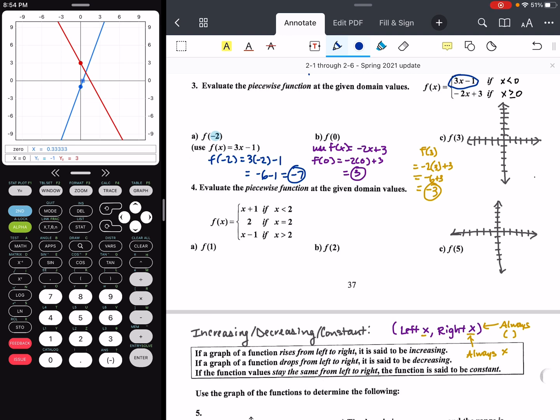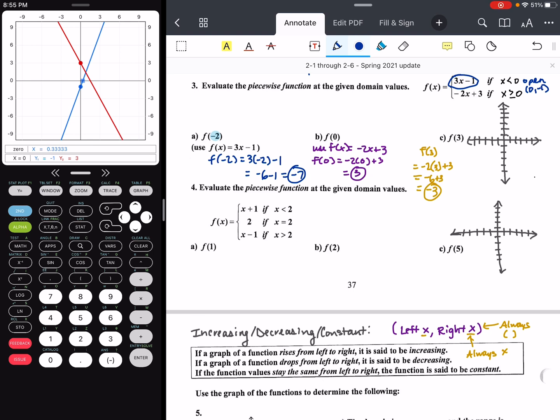We can see that in the blue. So if x equals 0, y1 equals negative 1. I'm going to use an open circle at 0, negative 1 to denote this, because this piece of the function is only valid where x is strictly less than 0, not if x equals 0.